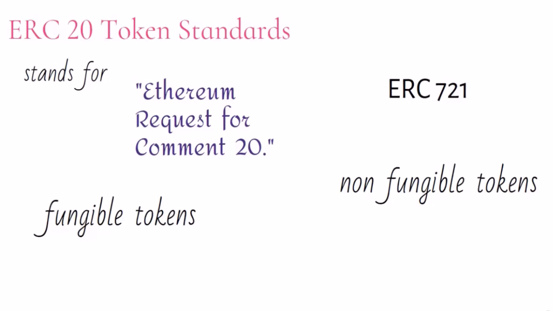There are also other token standards we can use to create tokens on different blockchain networks. For this video, we will use the ERC-20 token standard to create tokens on the Ethereum blockchain network. ERC-20 is one of the most common token standards to create a fungible token on the Ethereum blockchain network.